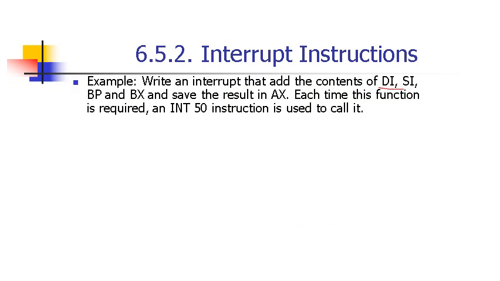So now let's take an example to know how software interrupts are generated. Now we need to write a code for some interrupt service routine, and the code is to add the value of your DI to the value of your SI to the value of your BP to the value of your BX.